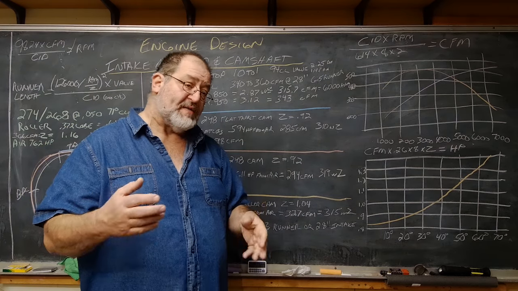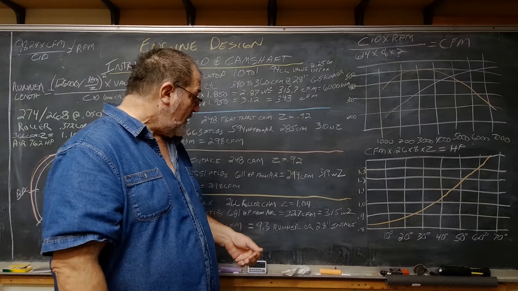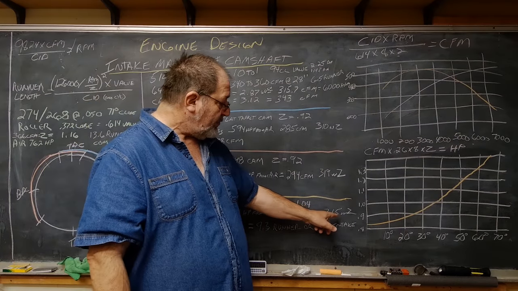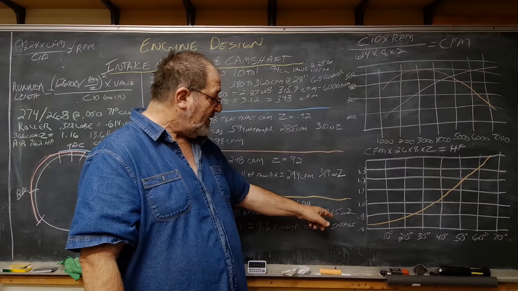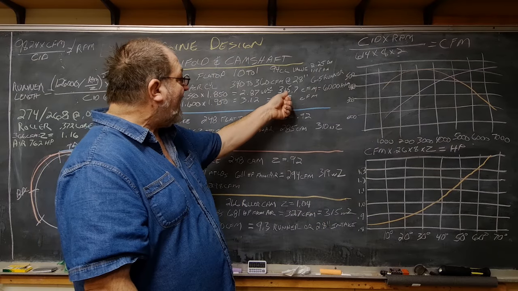Well, remember, the camshaft is bigger. This camshaft is bigger than 1. We are filling the cylinder bigger than 100%. So again, you divide that in, and you come out to 315 CFM with the Z applied. And that's right back at the flow that we have on this motor.